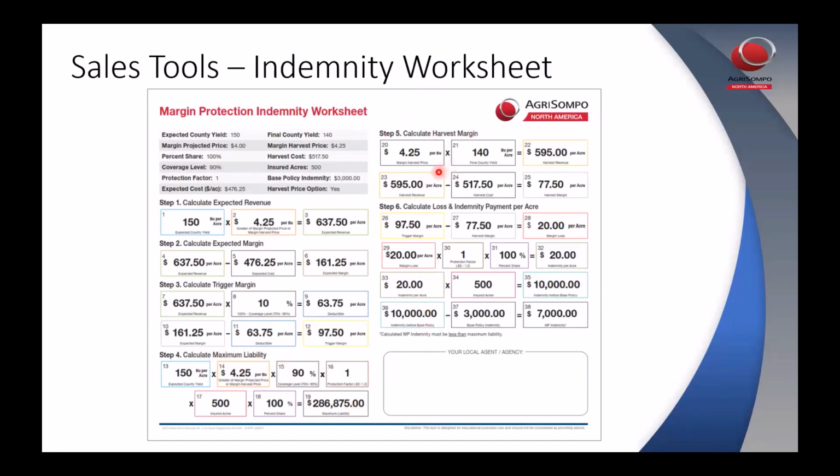So that's going to be your harvest price times the final county yield, again, that RMA has established. Now we have our harvest revenue that we have to consider, and then we have our expenses, because there's a second time where the variable costs are looked at on the board of trade. And then we're going to get our harvest margin. And then you just calculate what's the difference, take it times your acres, and you can see in this scenario, we actually had a $7,000 indemnity.